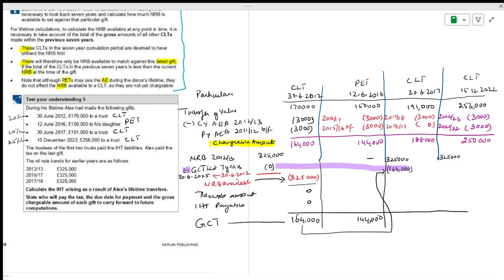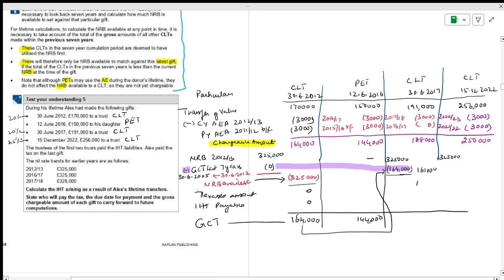Gross chargeable transfers is how much? So it's available 161. Okay, 161.